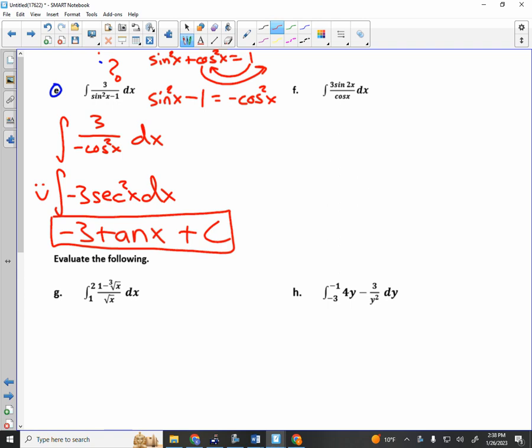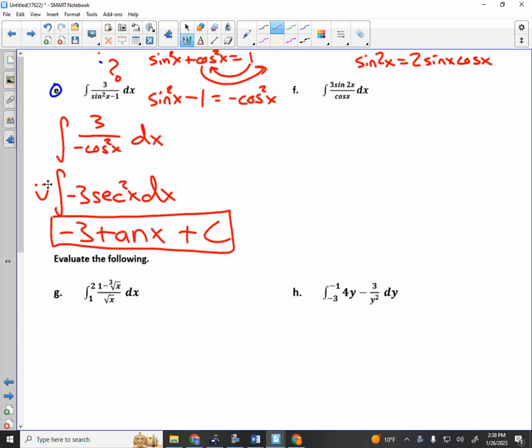Letter F looks challenging as well, but I notice that I have a single angle and a double angle. That's a sign that we need to substitute something in. And if you remember, your substitution is sine of 2x is equal to 2 times the sine of x times the cosine of x.